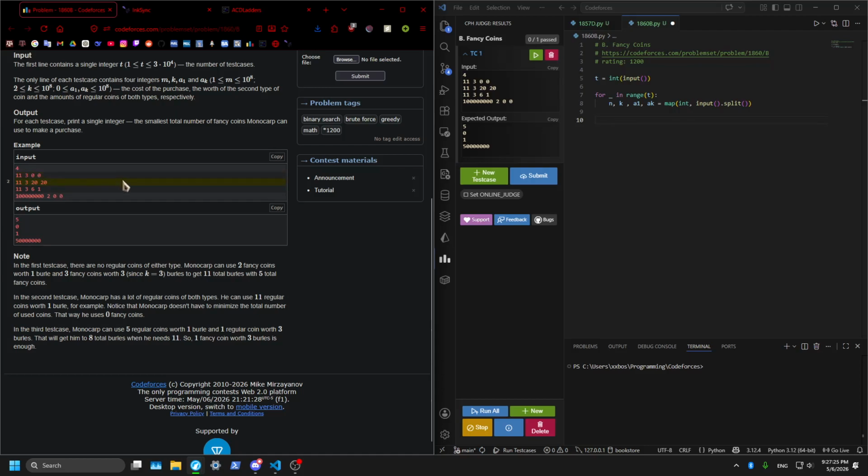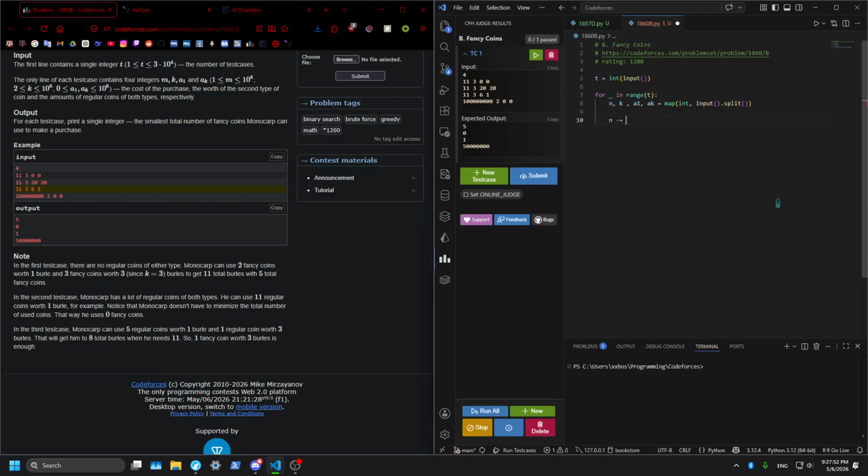Isn't this just brute force? We want to make 11, or we want to make n. So let's just use up all our regular coins first.